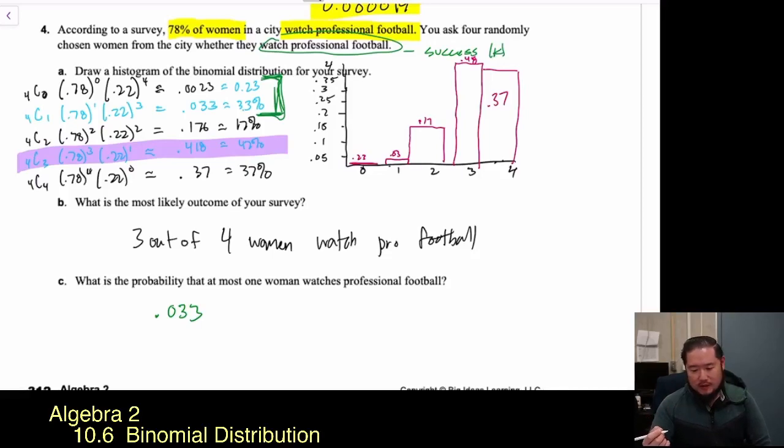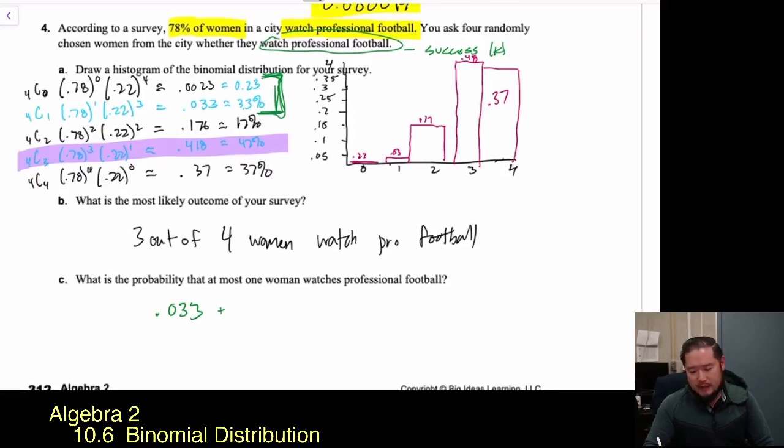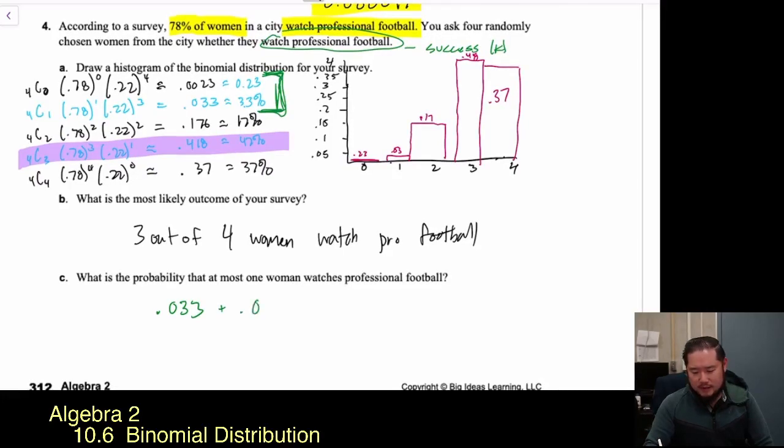We also have the possibility that none watch, which is 0.0023.